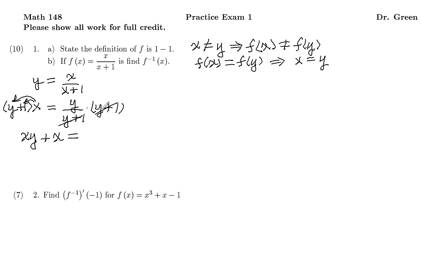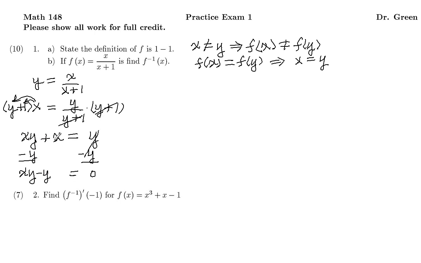On the right hand side, the y plus 1's cancel out, so we just have a y left. Now we want to solve for y, so we want to get the y terms on the left and the x terms on the right. This is a y term and this is a y term, so we subtract y on both sides and bring that over to the left-hand side. These y terms cancel and we get a 0. And we've got xy minus y, and then plus x.